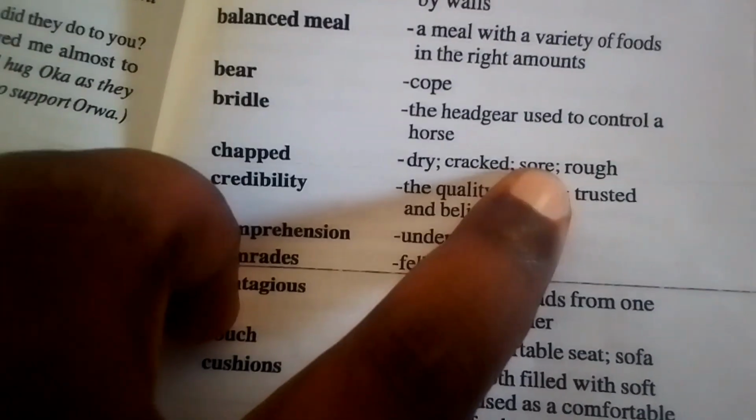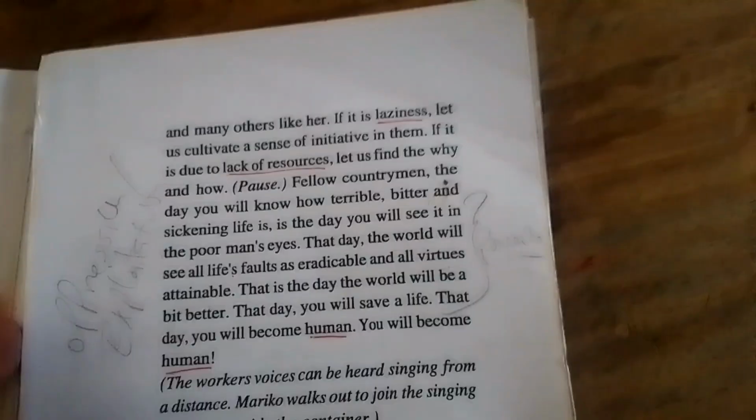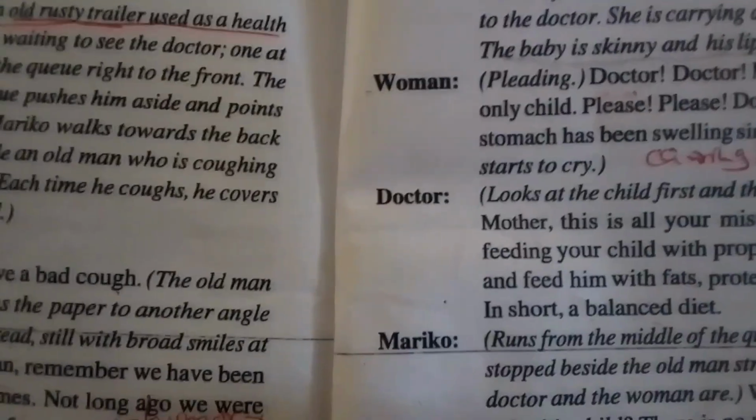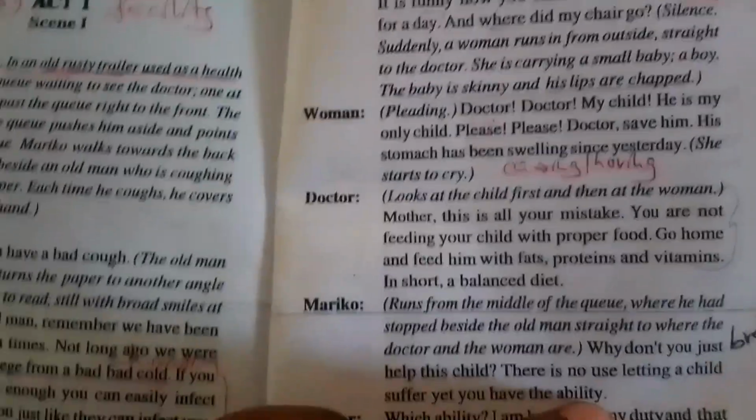You see chapped: dry, cracked, sore, and even rough. So we can judge that through malnutrition, the baby is not eating well. It's malnourished, and the mother is poor. She cannot even afford balanced diet.